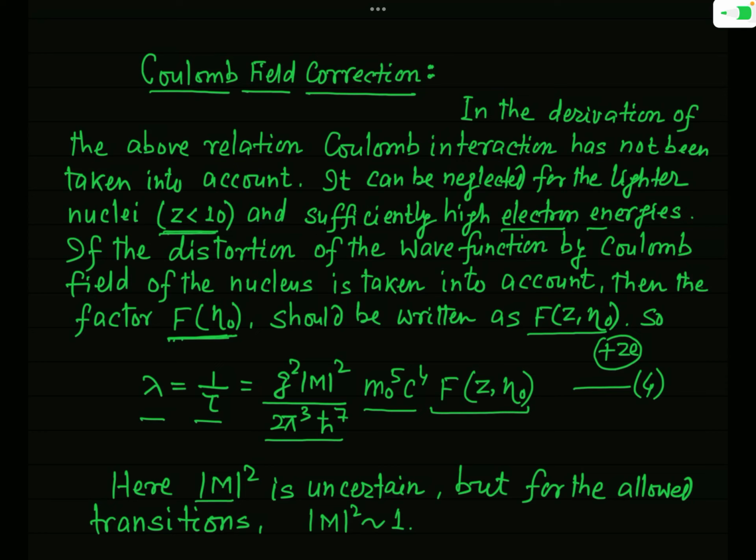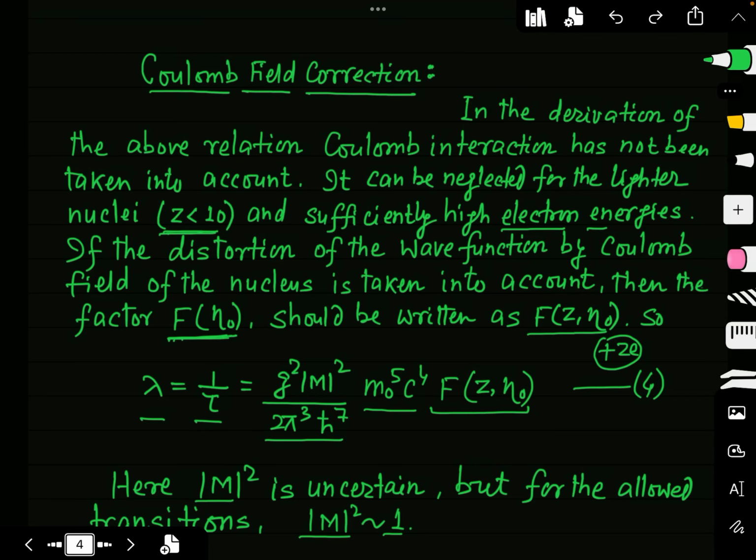But if our selection rule permits some transition, then the order of the matrix element mod of m square is almost 1. It is its order, it is not its exact value. So this mod of m square you may take to be of the order of 1 for the allowed transition.